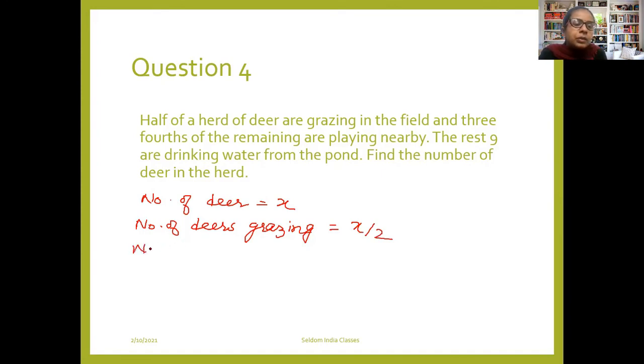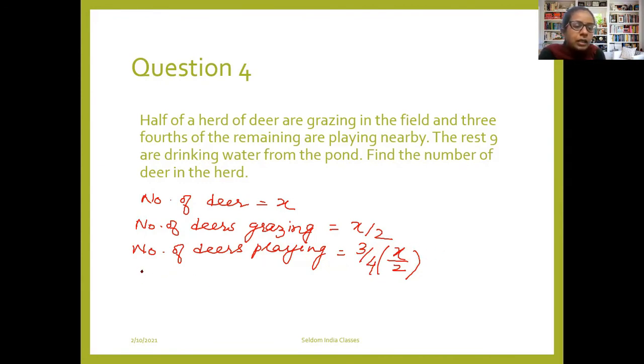The number of deer playing: 3/4 of the remaining. Half are grazing and half are remaining. So 3/4 of half, that is 3/4 of x by 2, are playing.